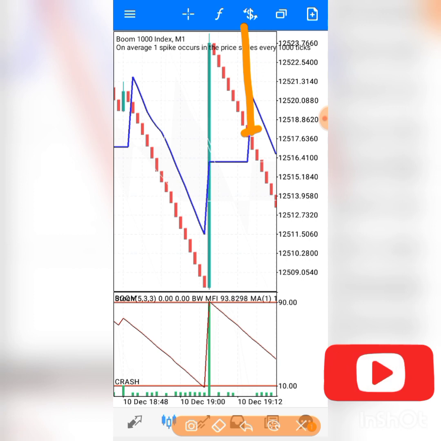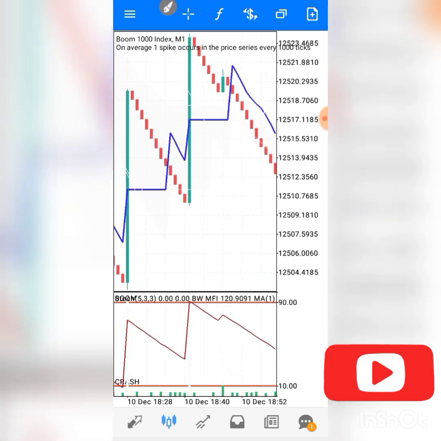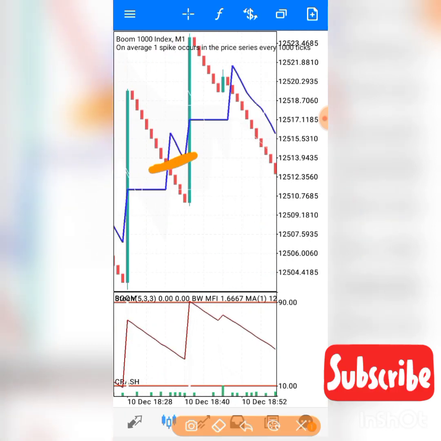So this Ichimoku will help us determine that a spike is coming. Anytime the market touches the Ichimoku, the probability of a spike coming is very high. Yes, anytime the market touches. So this even helps you to leave the market at the appropriate time. You can put in a trade and take 2, 3 candlesticks.